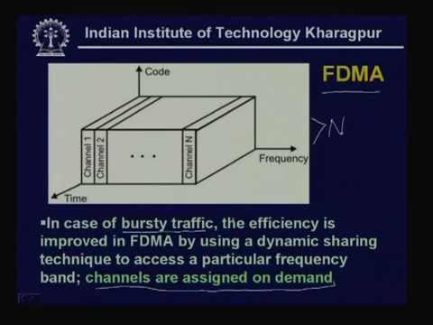However, since this is assigned dynamically on demand, the total number of stations can be larger than the number of channels. Obviously this is possible only when the traffic is bursty in nature. If the traffic is streamed, that means continuously sent, then of course it cannot be done.